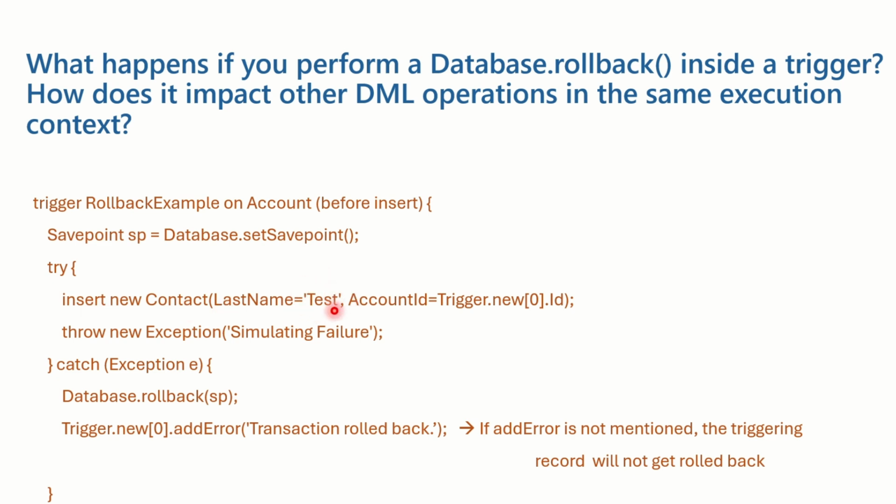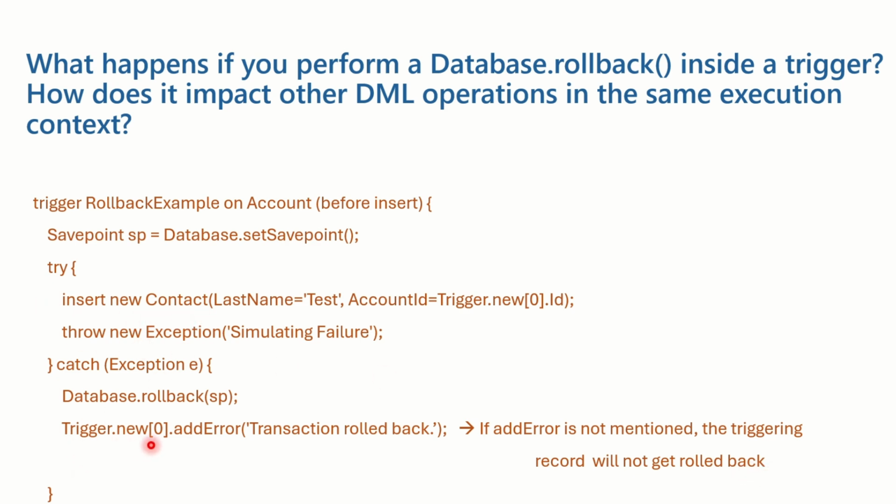This new contact called test is not going to be inserted because you are rolling it back in the catch. But whatever made this trigger fire in the first place, so basically you inserted something and then this trigger was triggered, that is not going to roll back. So if you just add the rollback line, and you don't have addError, then the triggering record will not get rolled back. Only the inserted new contact will get rolled back.